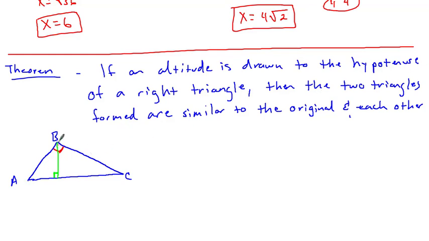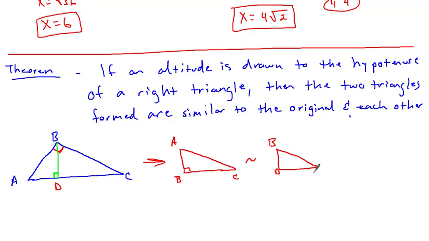So we're going to say this is triangle ABC, so this will be point D. And all this says is that, I'm going to redraw these three triangles now. So our biggest triangle was triangle ABC, and it's going to be similar to our medium-sized triangle, which is triangle BDC, and that's going to be similar to our smallest triangle.